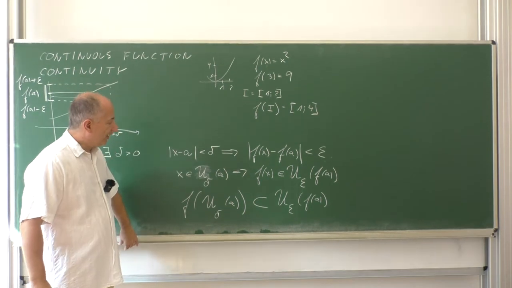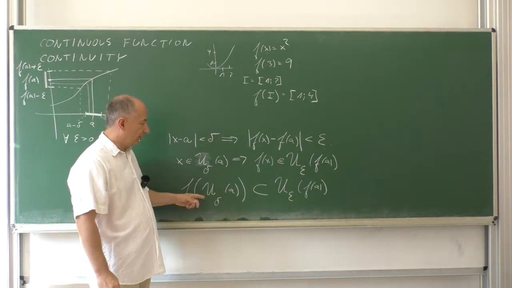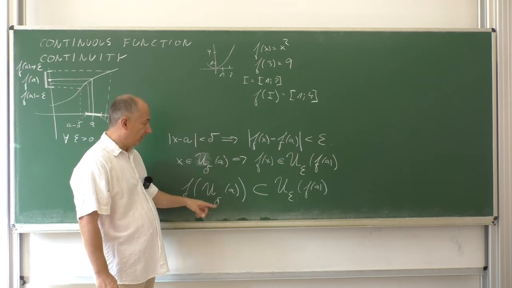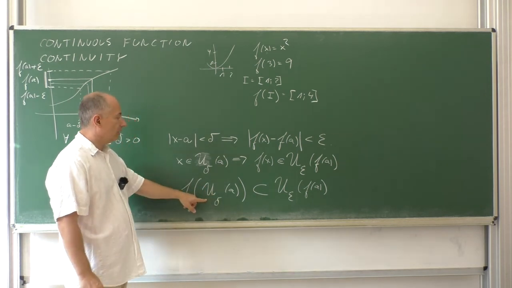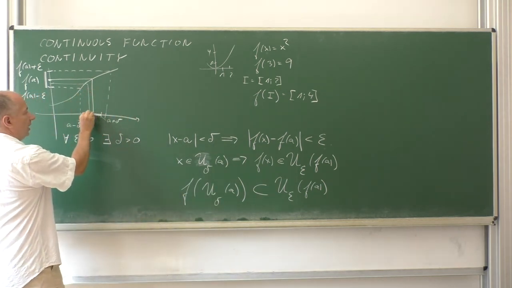So this is the case. In this bracket, we don't have just one number. We have a collection of numbers. We have a neighborhood. We have an interval. We have infinitely many points. Which points? The neighborhood of a. All these points in this part.